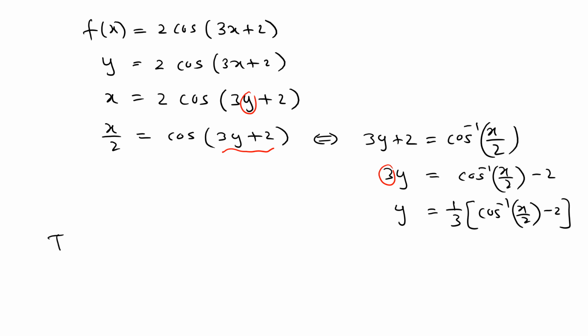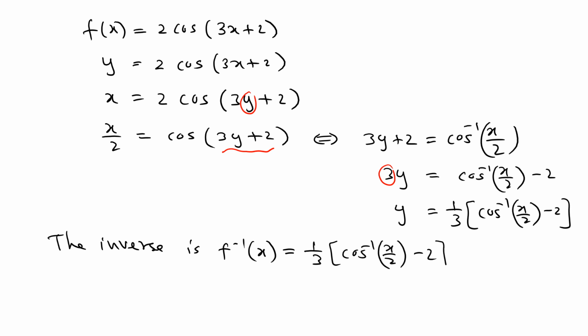So the inverse is f inverse of x equals 1/3 (cosine inverse of x over 2 minus 2). In this case, it is very clear that the range of the original function goes from negative 2 to 2, which is also clear from the graph.